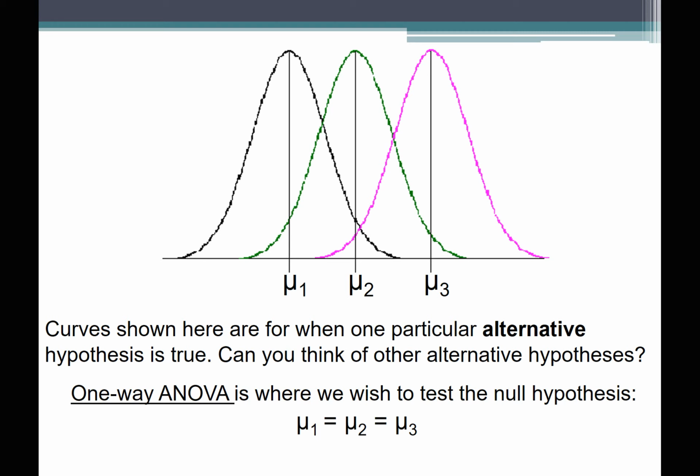Okay. So our null hypothesis would always be all the means are the same, and our alternative hypothesis would be at least one of the means is not the same. So there could be two that are the same, but if at least one of them is not equal to the others, then our null hypothesis is false.